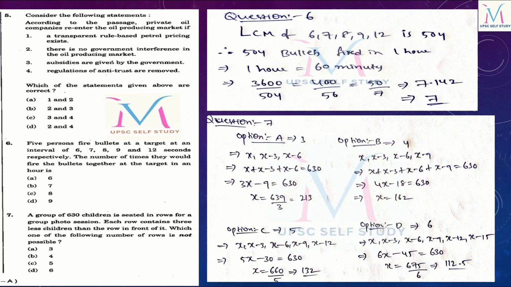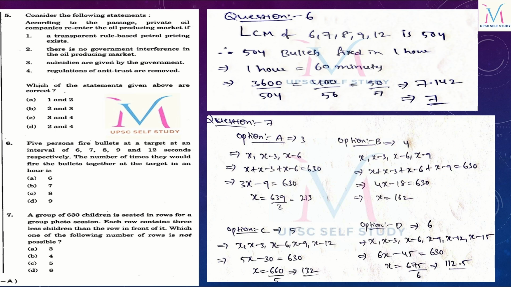So in an hour, how many times will they fire the bullets at the same time? Respectively they fire at 6 to 12 second intervals, but in an hour, how many times will they fire together at once?